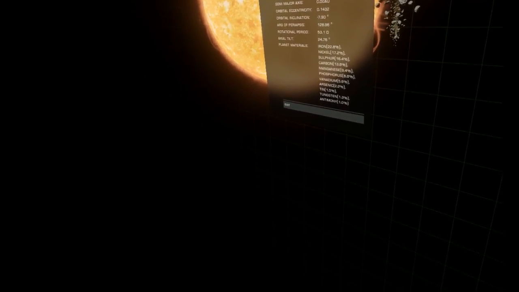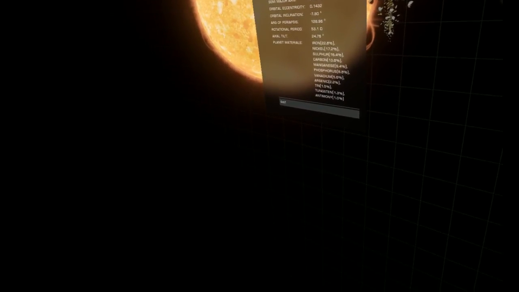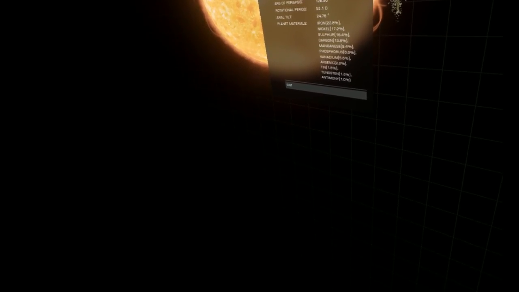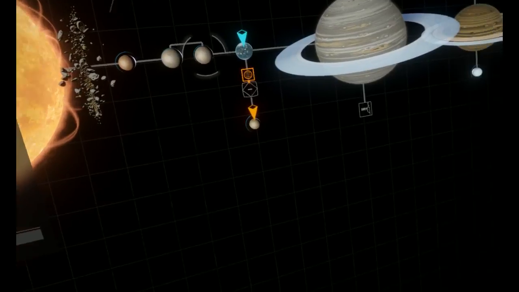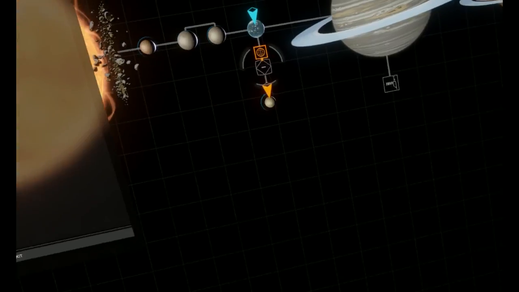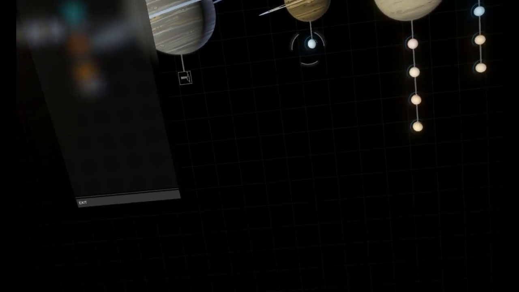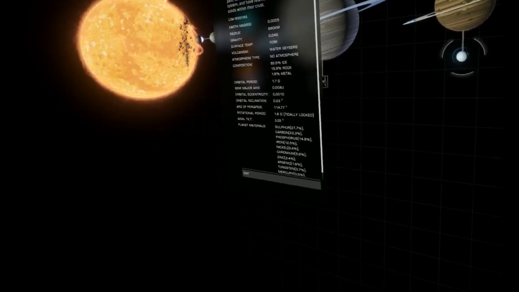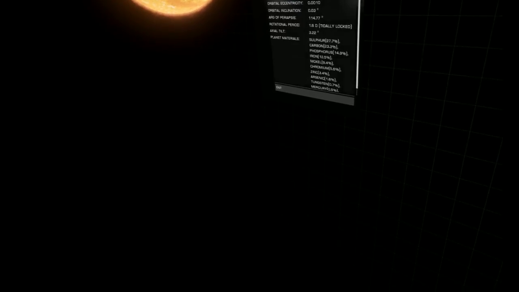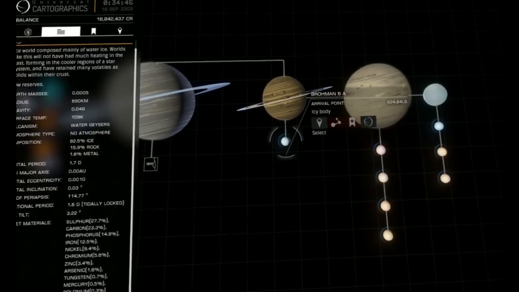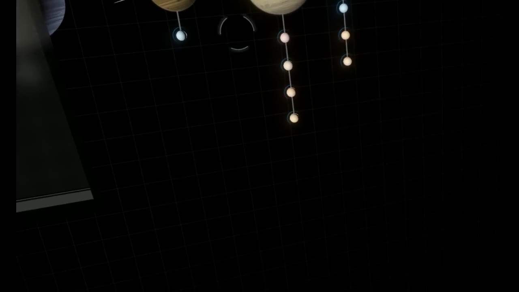Planet 3, vanadium and arsenic. And a bit of tin. Planet 6 is Mercury.